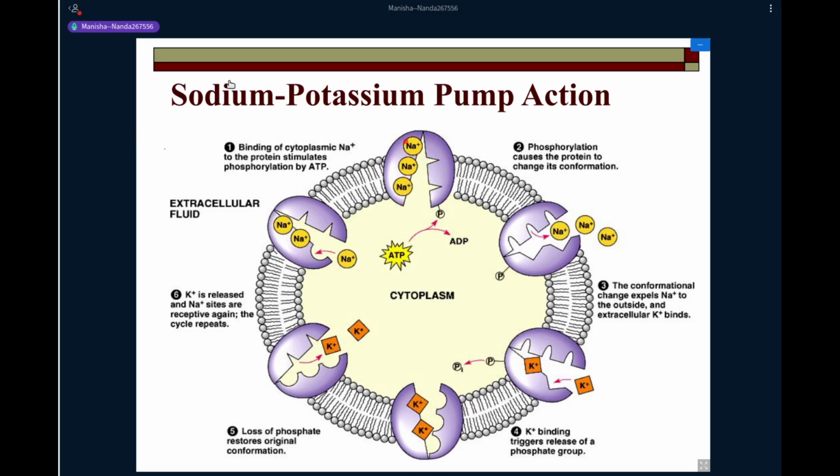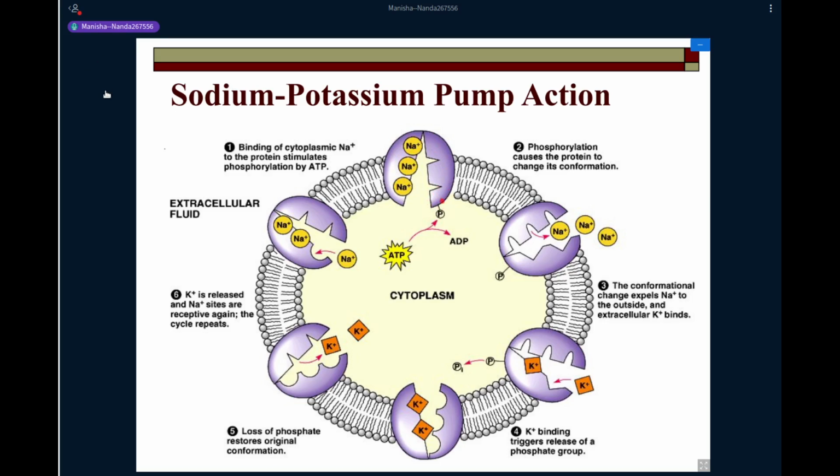It has three binding sites. But in order to transport these sodium ions outside the cell, it utilizes the energy of 1 ATP. Upon ATP hydrolysis, you'll see this free phosphate is bound to this protein.